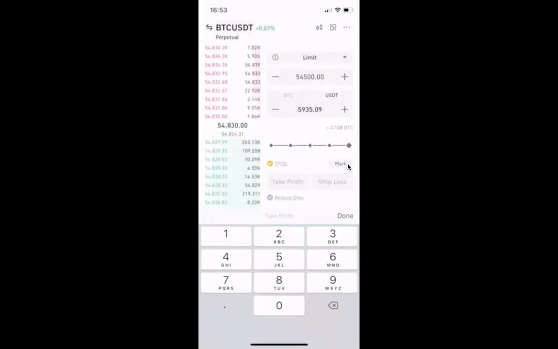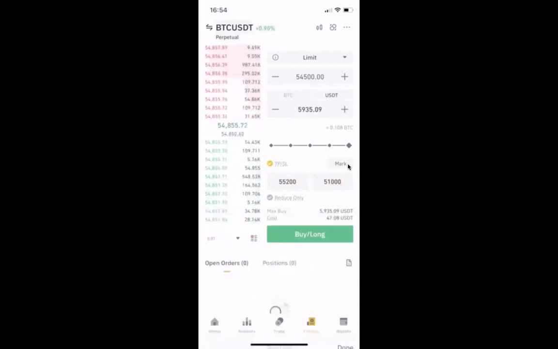You enter the TP that was given. So the take profit, maybe the signal states TP1 at 55,200, and stop loss at 51,100.